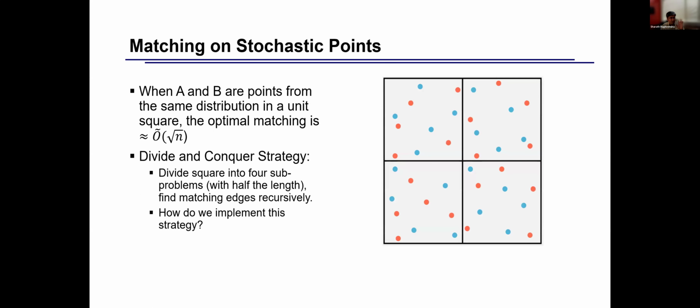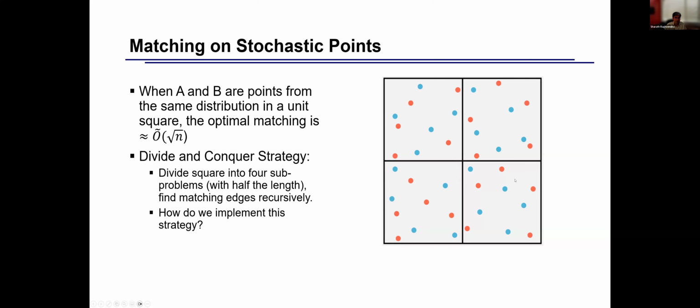Let's try to understand the intuition for designing an algorithm for the stochastic case. If you're drawing points from the same distribution in a unit square, then one can argue the cost of the optimal matching grows at the rate of square root. What does this mean?